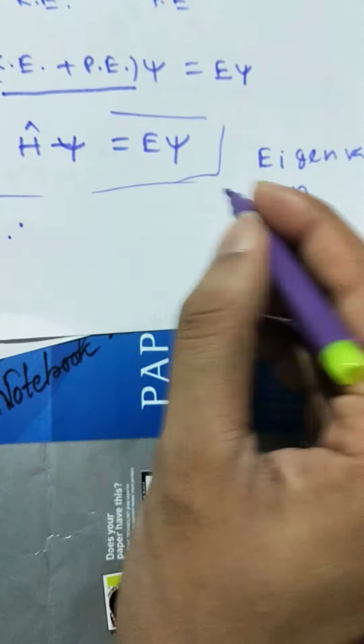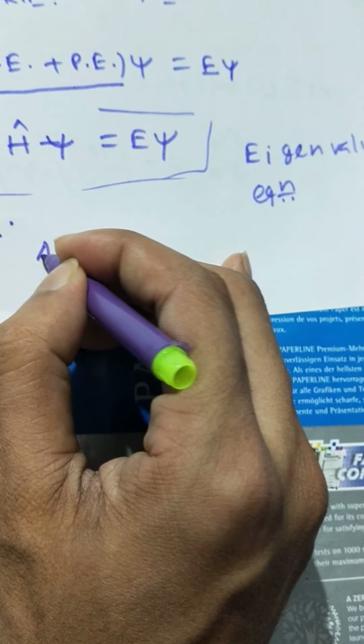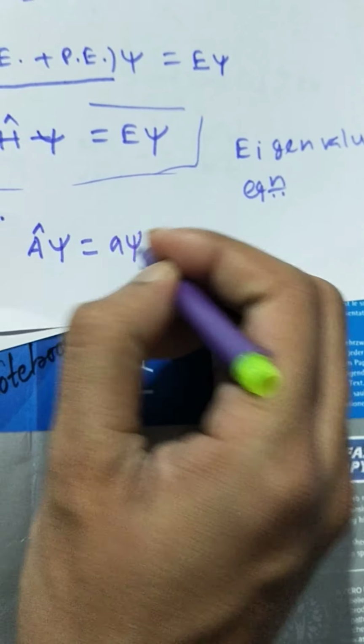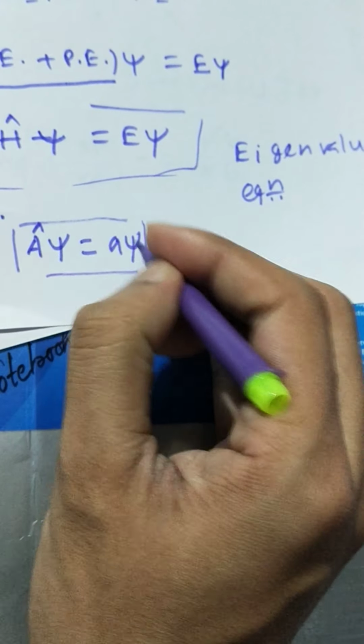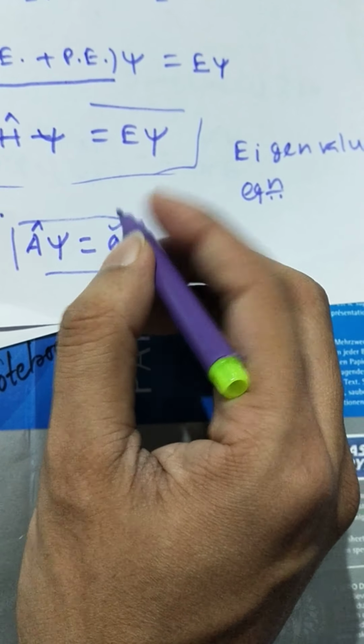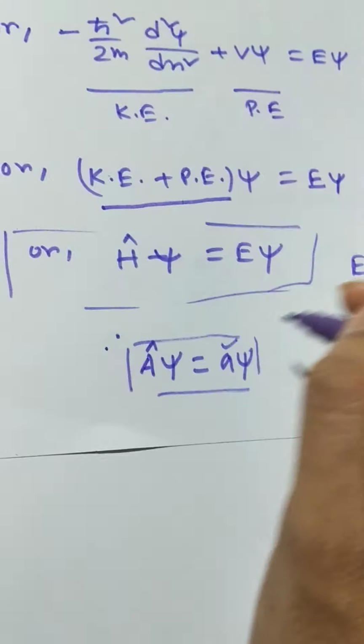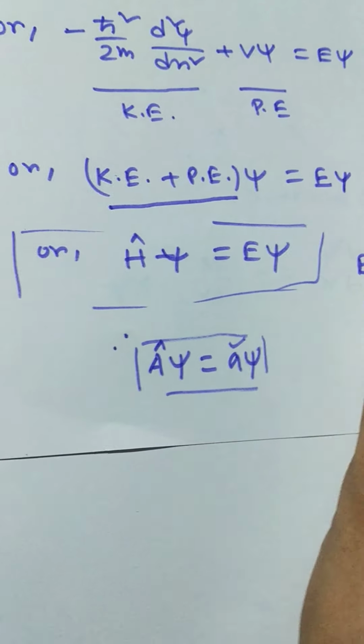This is similar to an eigenvalue equation, so it is also called an eigenvalue equation. An eigenvalue equation means A psi equals a psi, where a has the same dimension as A cap. Okay, so we derived the Schrodinger equation.